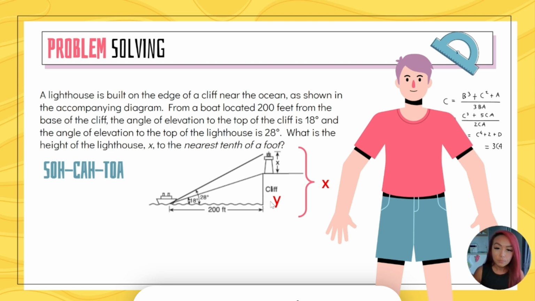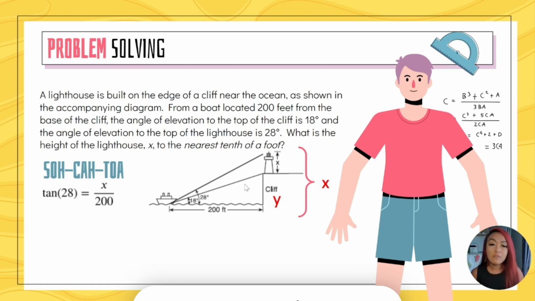So what do we have here, right? We have the opposite side, that's what we're looking for, and we're given the adjacent side here, this 200 feet. So which trigonometric function deals with the adjacent side and the opposite side? Well, that would be tangent. Tangent is opposite over adjacent.